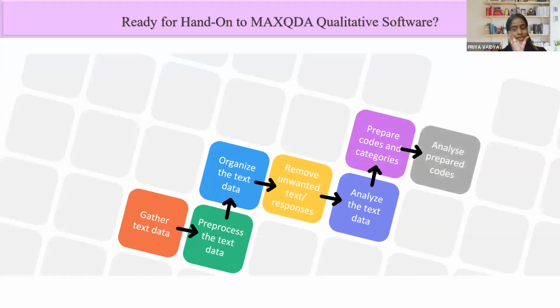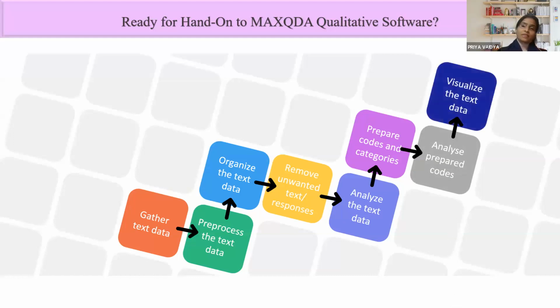All the concepts will be taken care of. The next part is we have to analyze our prepared codes, and then finally we have to visualize our text data. This is a cyclical process, and I can say it is an iterative process where you gather, then pre-process and clean, organize, remove the unwanted text, and then analyze that organized text, the collected data, and prepare codes and categories out of them.